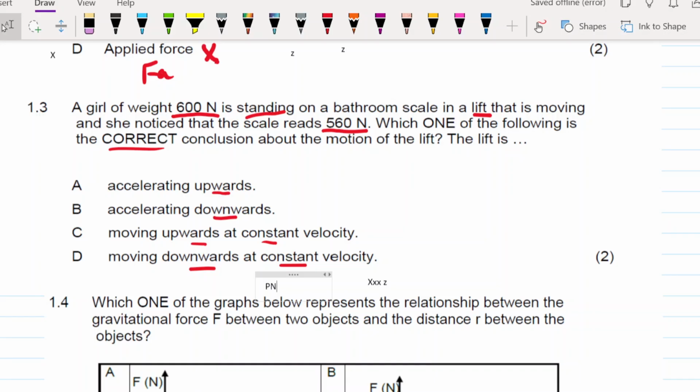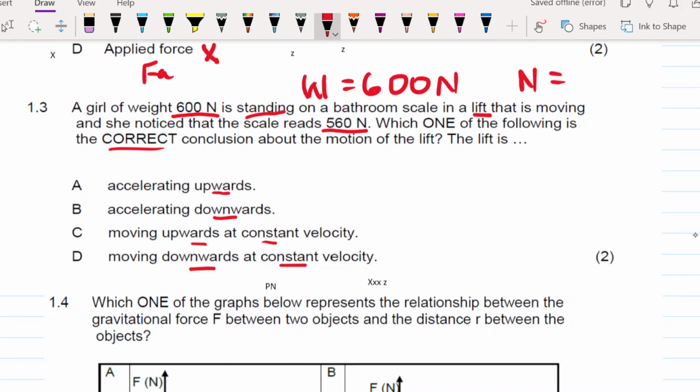So going back to our question. The question was saying a girl of weight 600 newtons is standing on a bathroom scale. So the weight is 600 newtons. But the scale reading, which is the normal force, is 560 newtons.